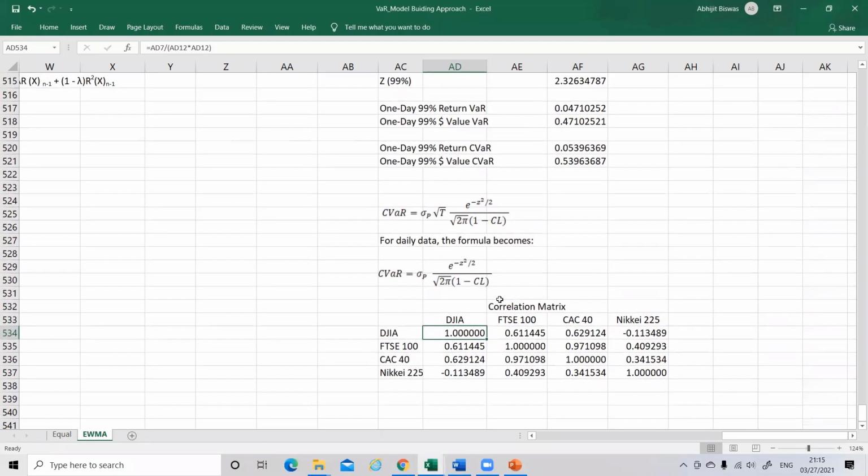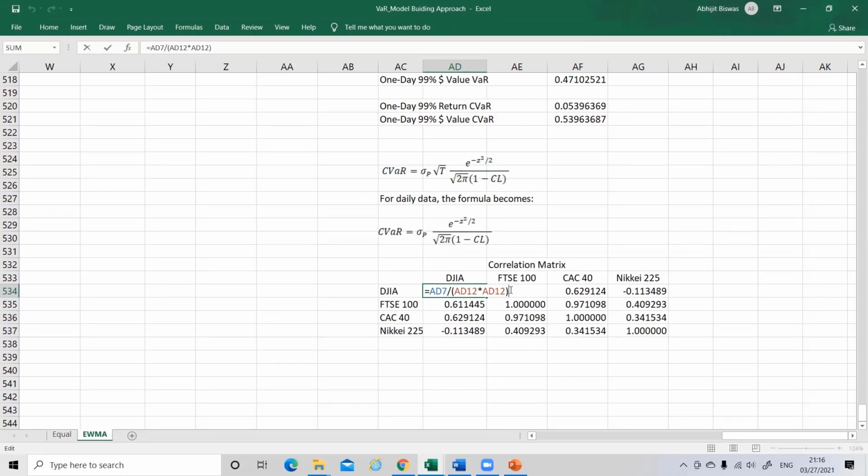If I do that, I get this answer. See, it is still 1. What is the formula I have used? AD7, that is the covariance between Dow Jones and Dow Jones, divided by AD12, that is the standard deviation of Dow Jones, multiplied by AD12, again the standard deviation of Dow Jones. If I simplify, I get 1. So you need not calculate it, but you can always cross verify.